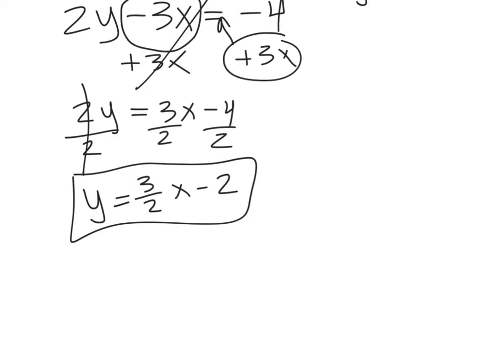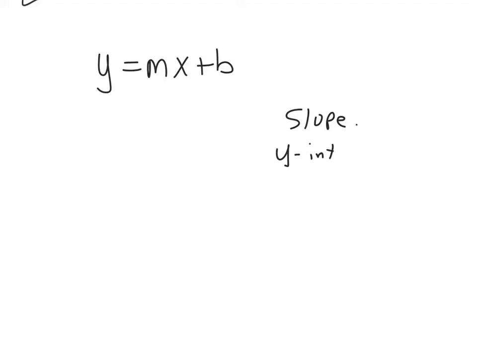Now, writing an equation for a line in the form of y equals mx plus b, right? Let's say we want to write y equals mx plus b. This is pretty easy if someone were to give you a slope and a y-intercept, right? If someone were to say the slope is equal to 1 over 2 and the y-intercept is equal to 5, well, that's pretty easy.